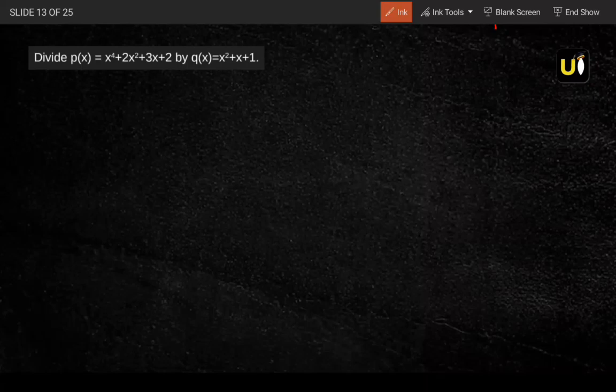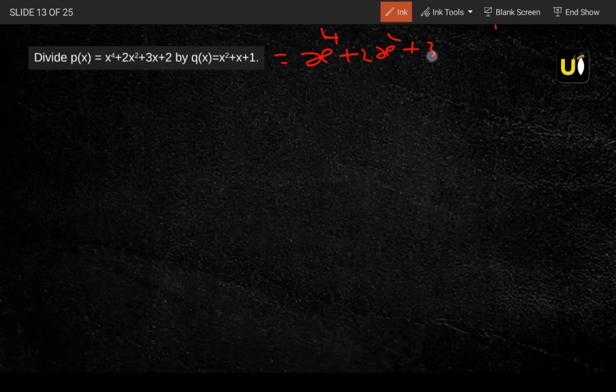Now let's discuss this example: x power 4 plus 2x square plus 3x plus 2 divided by x square plus x plus 1. How do we approach such problems?